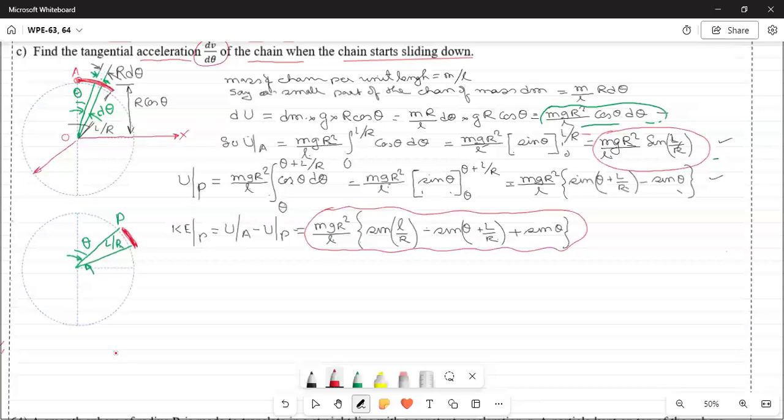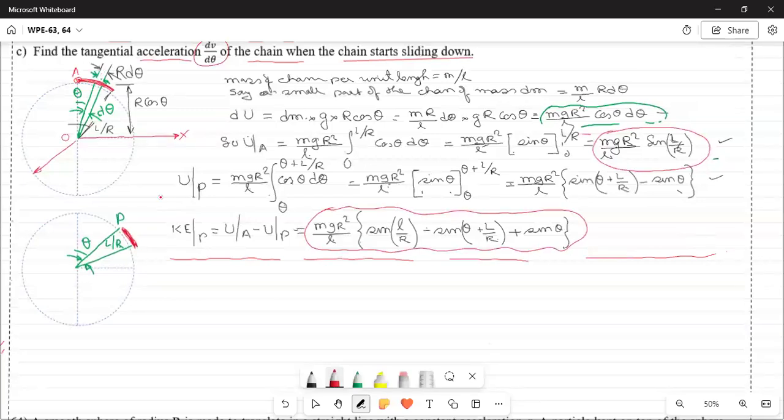Now, find the acceleration. We know acceleration will be force divided by mass, right? So we come to the third part, and I draw a division line here so we're not mixed up.